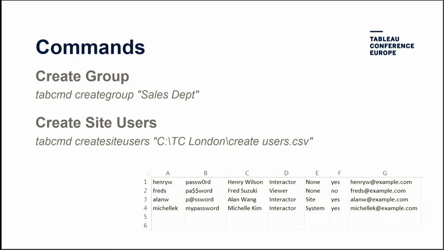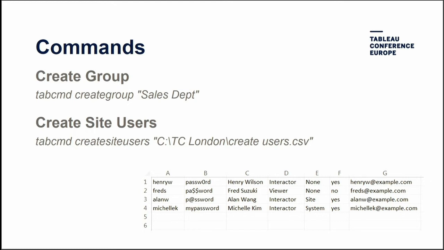The next piece is all focused around the users. So creating users, adding them to groups, the syntax required. So for those of you that have done this before, this might be familiar. This is the example from the website where this is the CSV format that you need to have the users in order to have them understood by Tableau Server so that they can be created.